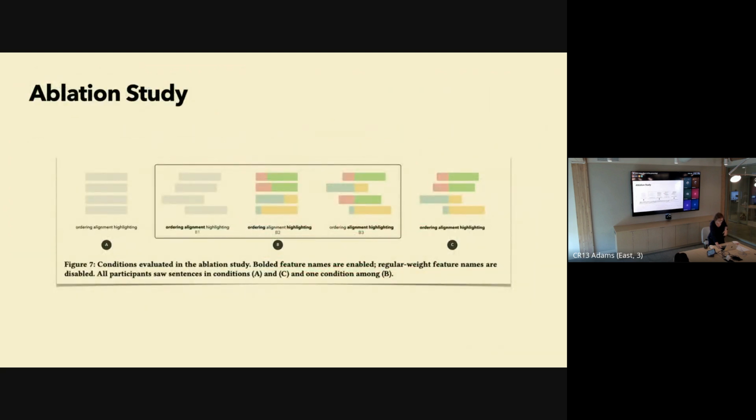We did an ablation study where basically this grouping of sentences that had similar structure together, as well as the highlighting and their alignment along where the parts of their sentences aligned, we basically turned them on or off and found that folks who have low need for cognition, which is a psychological construct that approximately describes how much effort you are willing and want to engage in, responded differently.